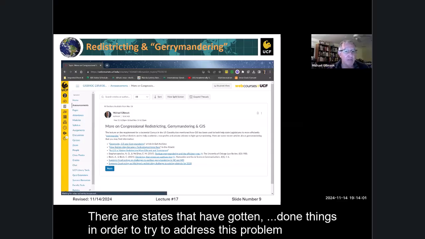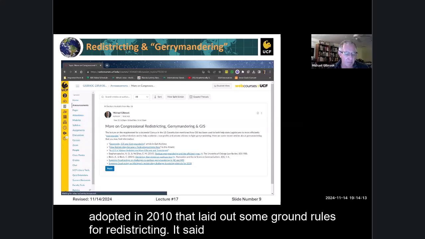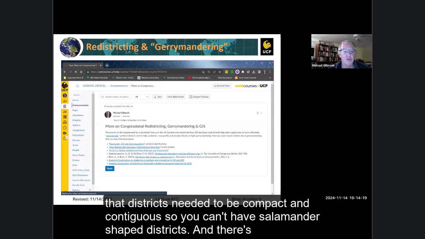There are states that have done things in order to try to address this problem and solve it. Florida attempted to solve this by a constitutional amendment. I think it was adopted in 2010 that laid out some ground rules for redistricting. It said that districts needed to be compact and contiguous, so you can't have salamander-shaped districts.